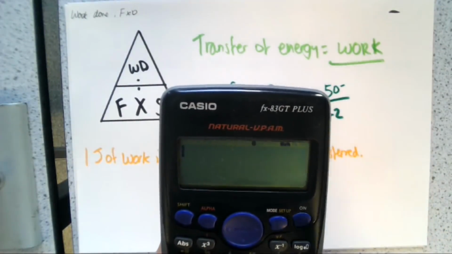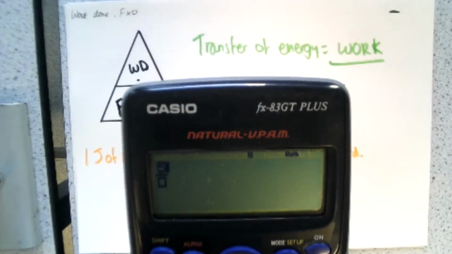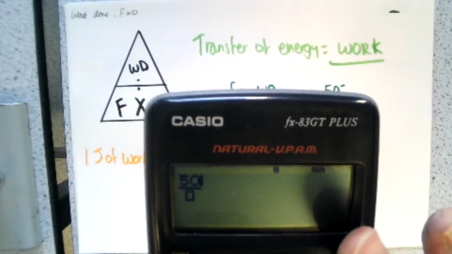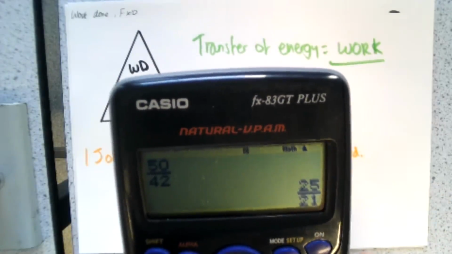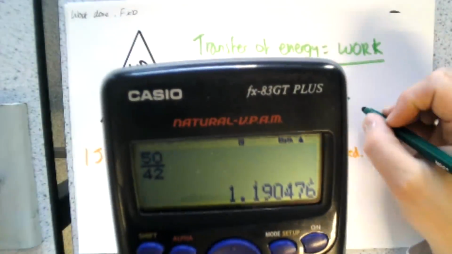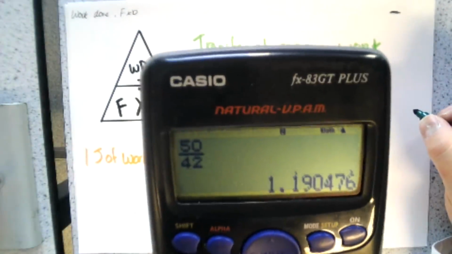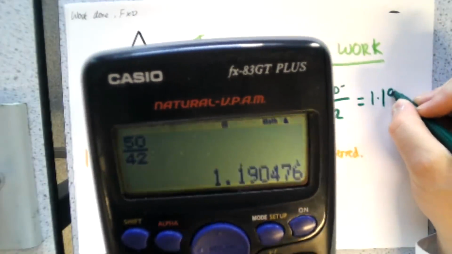So I'm going to do the fraction button. And those you have taught, we've talked about the fraction button. 50 divided by 42 gives me an answer of that. SD, okay, to make it into a decimal. And we get an answer of that. And I'm going to round it to, let's do it to 2 decimal places. 1.1.